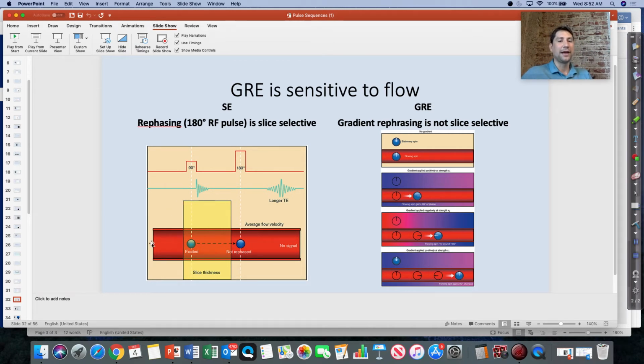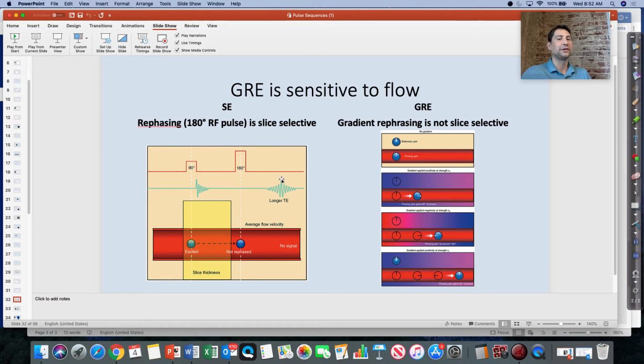So say we have that blood, that hydrogen proton within that red blood cell. It gets excited by that 90-degree excitation pulse. But then this little red blood cell has left the slice before we can apply the refocusing pulse. So see how that signal from that spin decays, but it never regrows because it never had that 180-degree refocusing pulse.